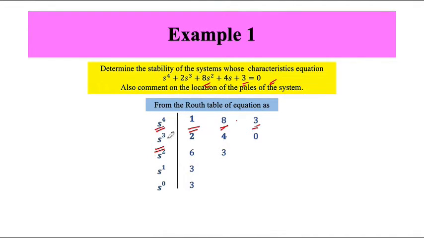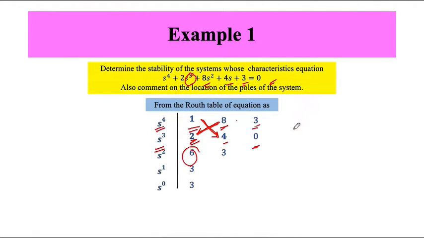And for s cube, the coefficients are 2, then 4, then 0. So we see that this term comes from multiplying these. First we multiply these two minus these two, divided by this factor.